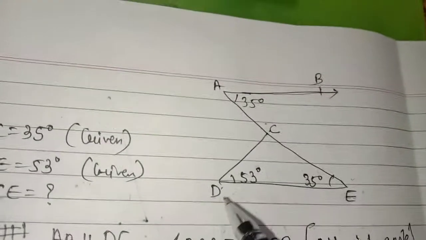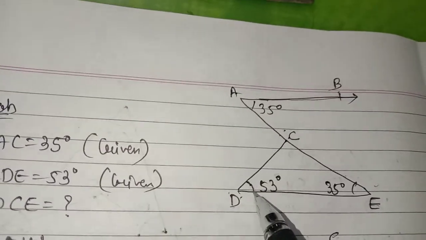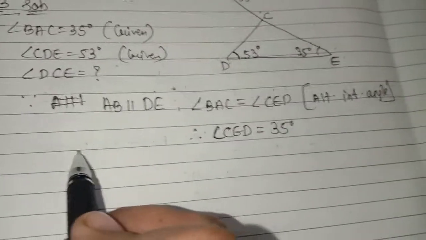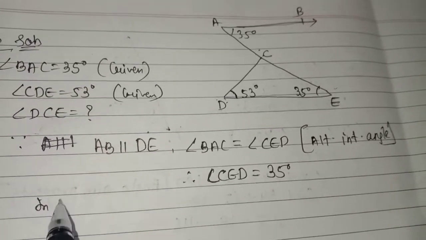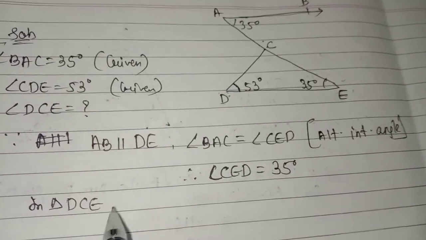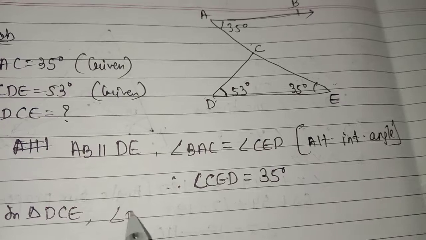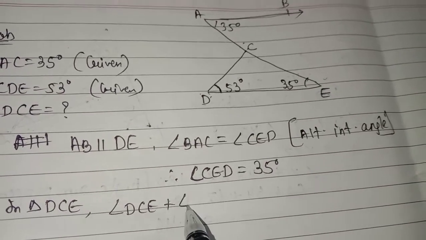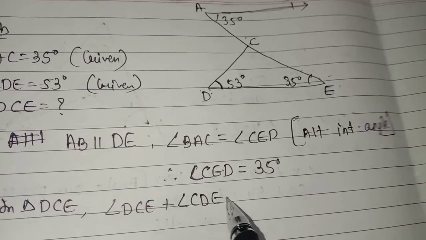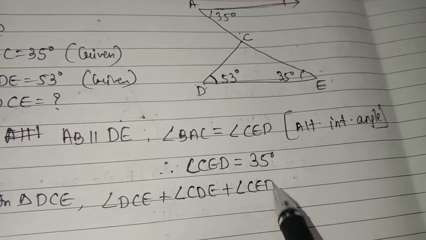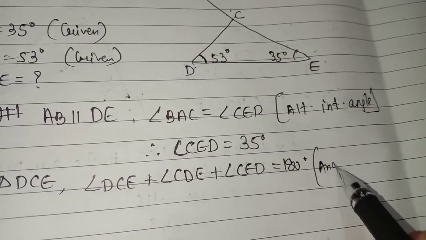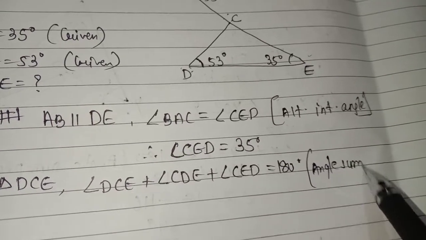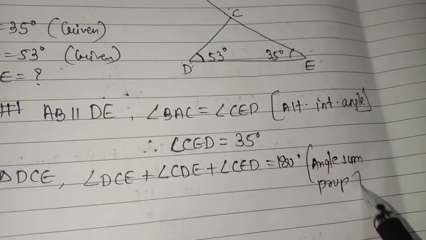Now we have to find what? DCE. So for DCE we will use the angle sum property. We'll write here, angle DCE plus angle CDE plus angle CED is equal to 180. It is the angle sum property.